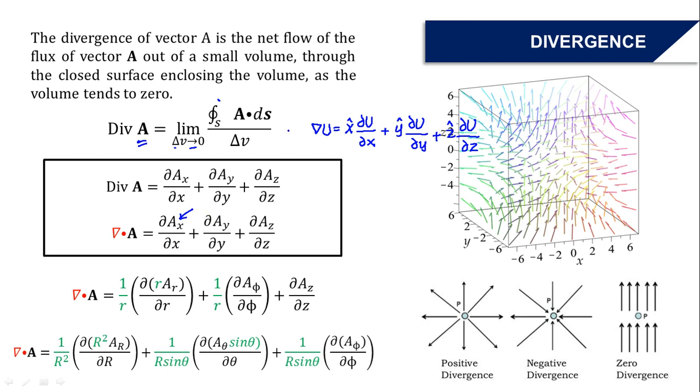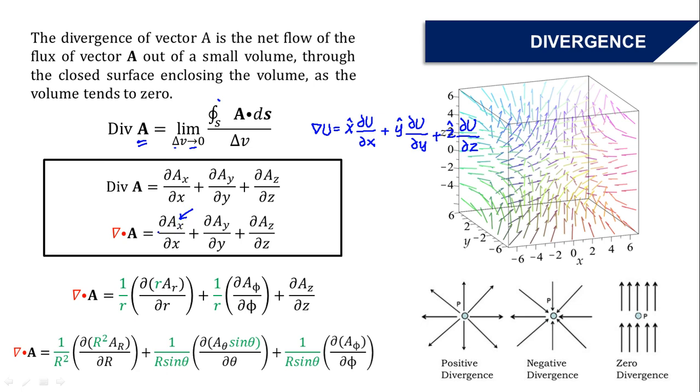Kanina, sa gradient or yung sa ating del of u, kinoconsider natin yung buong scalar function. And then yung result natin, nagiging vector field or vector function. Dito naman, sa divergence, ang kinukuha natin ng partial derivative is yung scalar component ng vector.